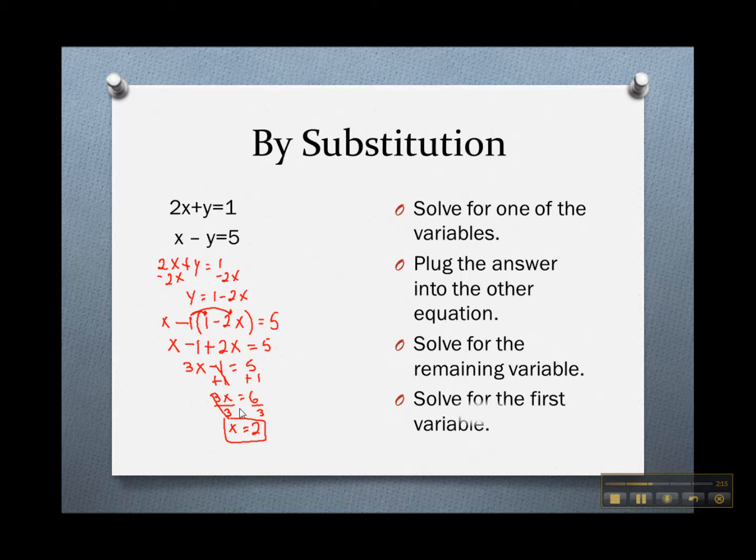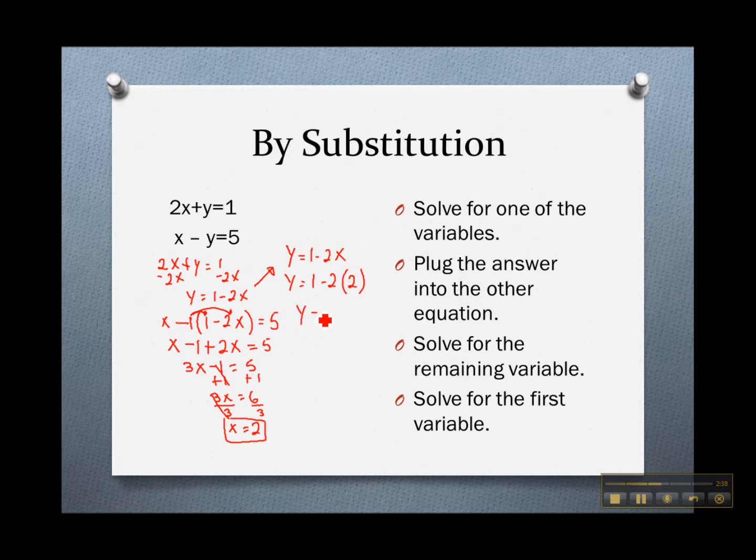But the last thing you should do is solve for the first variable. The first one was over here. So now I know what x is, so all I have to do is plug it into here. So I'm going to go ahead and write it here, y equals 1 minus 2x. So again, instead of saying x, I'm going to say 2, because that's what I just found.